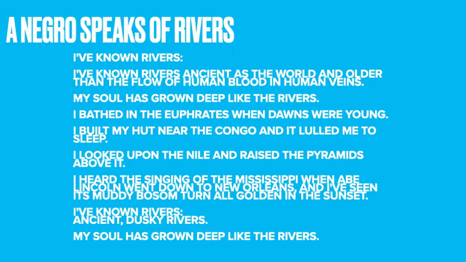The way this poem came to be written was that I was going to Mexico to visit my father, who lived in Mexico City, and on the train going across the Mississippi River, just outside St. Louis, I looked out the window and I saw this great muddy river flowing down toward the heart of the South, and I began to think about what this river meant to the Negro people, how, in a sense, our history was linked to this river, how in slavery time my grandmother told me that to be sold down the Mississippi was one of the worst things that could happen to a Negro slave.